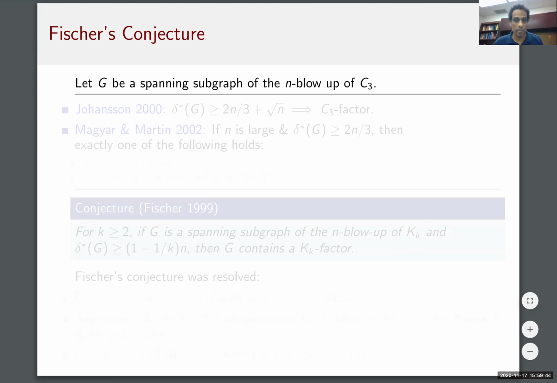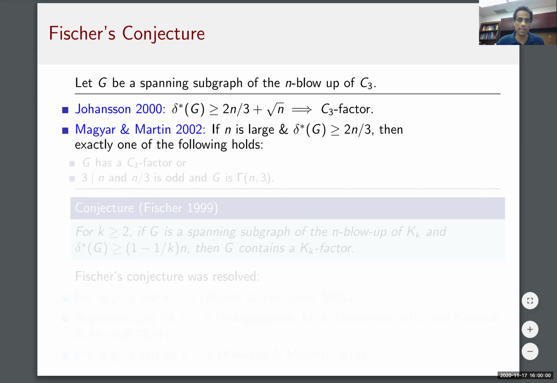Let me talk a little bit about the history of this. In 2000, Johansson proved that this 2n over 3 condition holds asymptotically: 2n over 3 plus the square root of n gives you a C3 factor. Magyar and Martin actually proved something quite a bit stronger than what I said earlier.